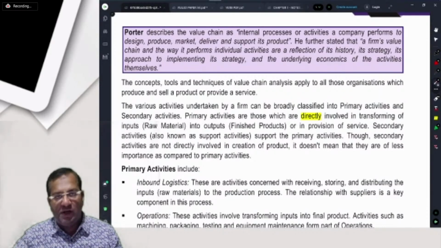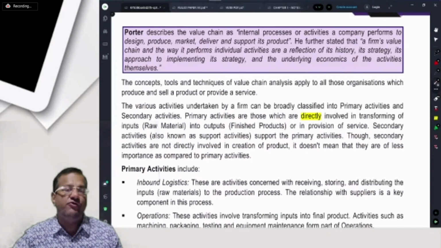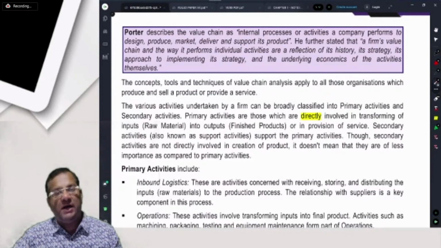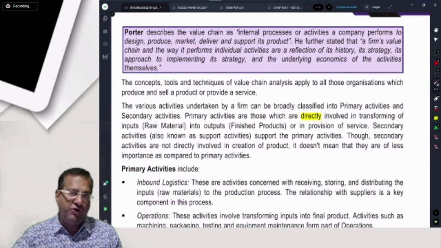Drop one line and write down secondary activities. Write down in bracket, also known as support activities. Bracket close.